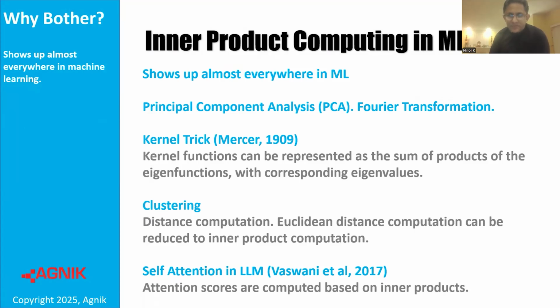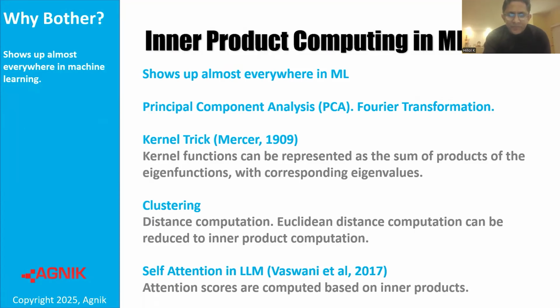In the transformer architecture, one of the key components is the self-attention module, for LLMs, large language models. And attention scores are essentially computed based on inner product. So inner product is almost ubiquitous in machine learning.